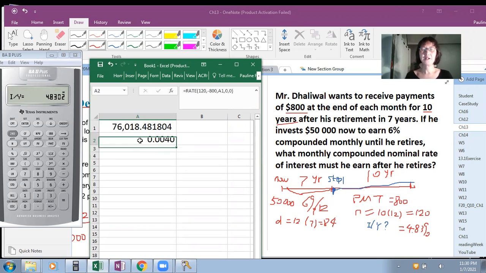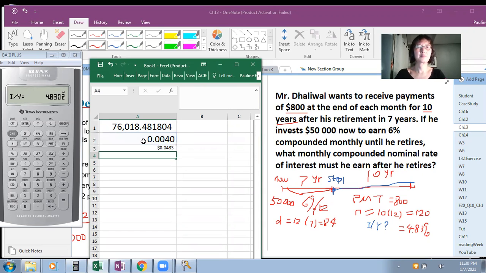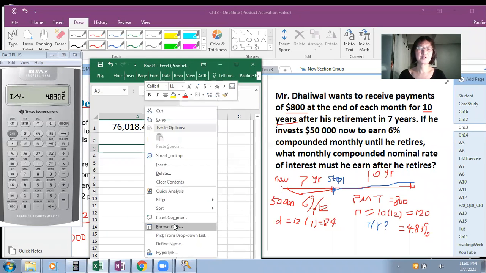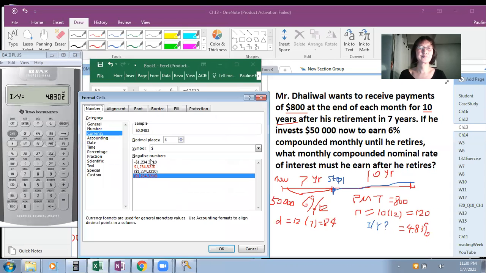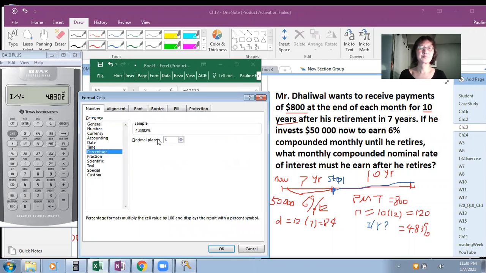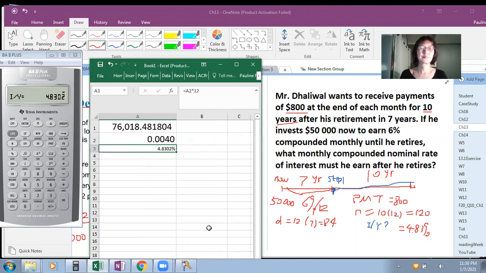And this rate is actually per month. To get the nominal rate, you have to multiply by 12 and change to percentage. See, the same number as we get from the calculator.